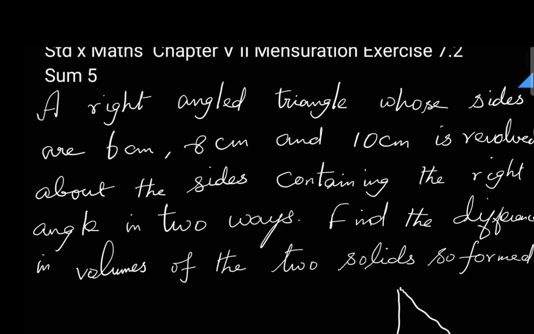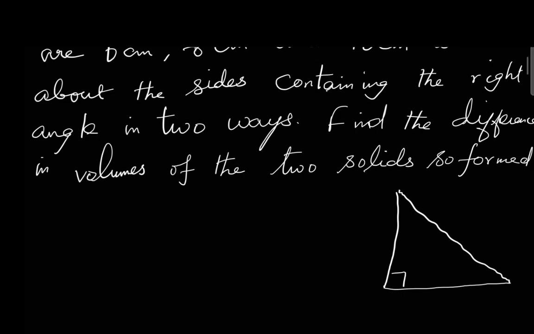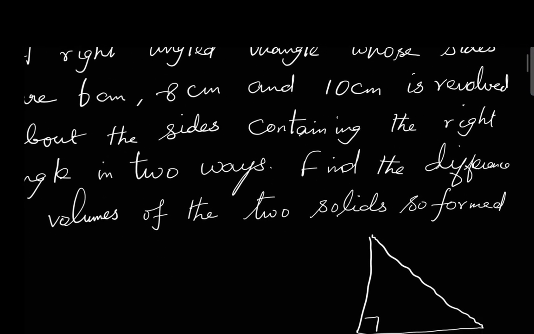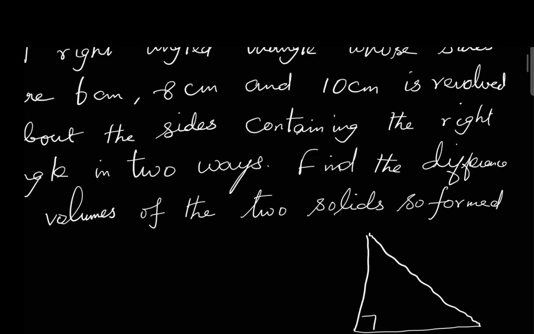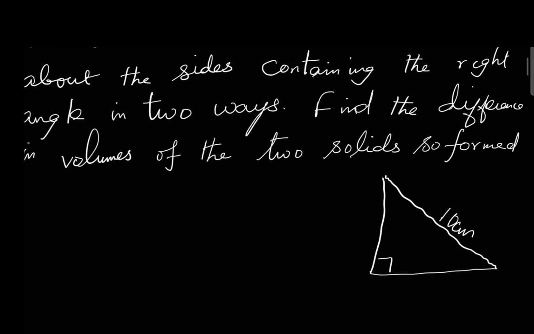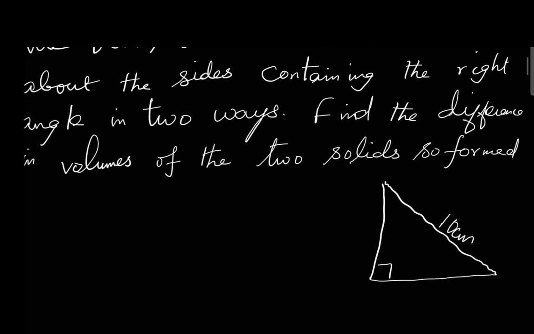First, it is given that it's a right angle triangle. Let me take a right angle triangle whose sides are 6 cm, 8 cm and 10 cm. The greater side must be the side opposite to the right angle, the hypotenuse, 10 cm. The other two sides are adjacent sides of the right angle.